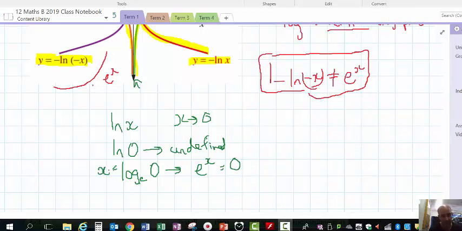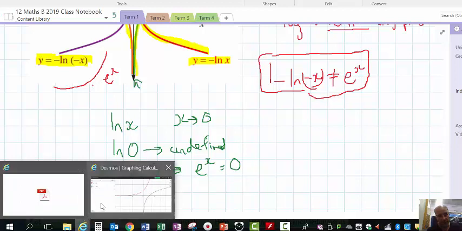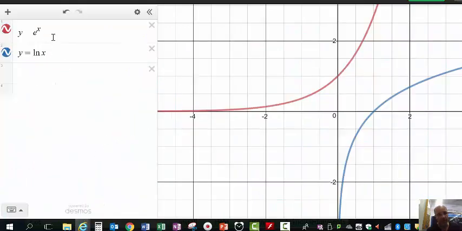If x equals log to base e of 0, rewriting that, in other words, is e to the x equals 0. We can't find a value for that because there's e to the x there in red. It doesn't have such a value. You can approach negative infinity, and it'll just keep getting closer and closer to that x-axis, y equals 0.